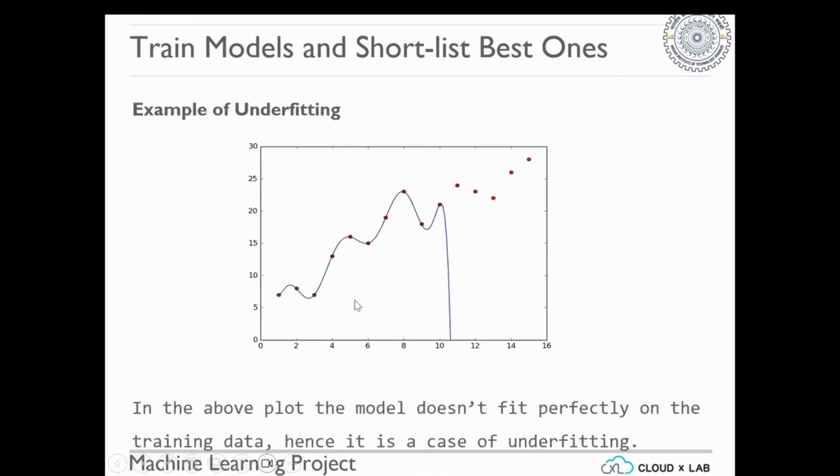So for example, here, if we use this particular model to fit our data, as you can see, the model is not able to fit these points. Therefore, if you calculate it, the training accuracy will be poor, right? So in case of underfitting, the training accuracy will be poor, and at the same time, test accuracy or future performance will also be poor, right?